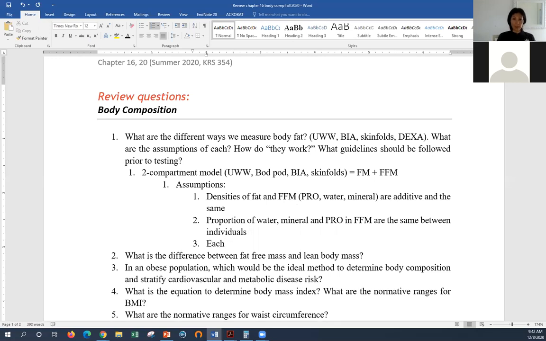And then also each tissue type represents a constant proportion of fat-free mass, meaning of the fat-free mass, the proportion of water is going to remain constant. The content of mineral and protein are going to remain constant in fat-free mass.